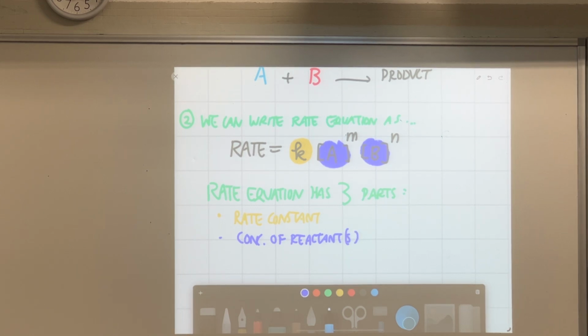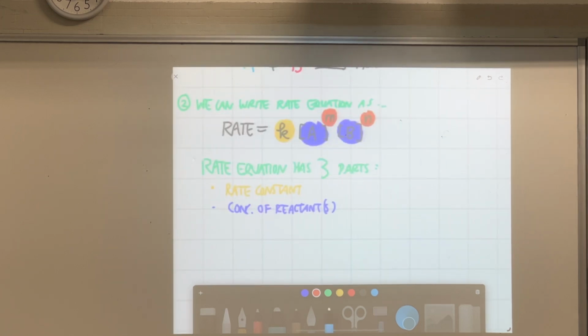And finally, what do you call those power terms? Order. Yes, it is the order that we're interested to find. We already should know the concentration of the reactant. And almost forgot, there's also rate. That makes 4 parts then.